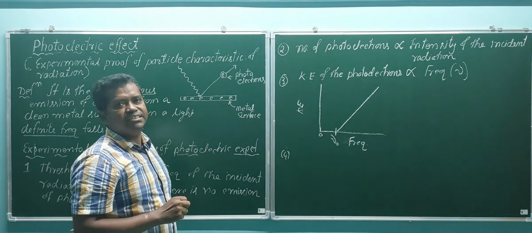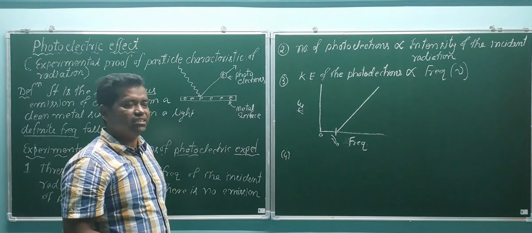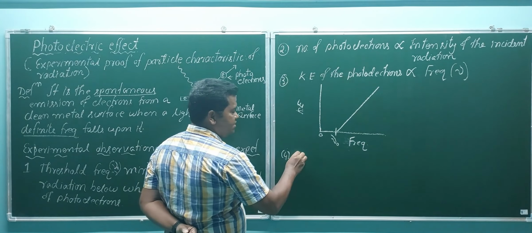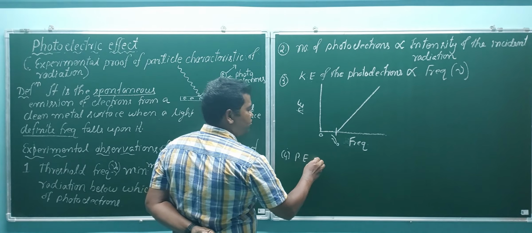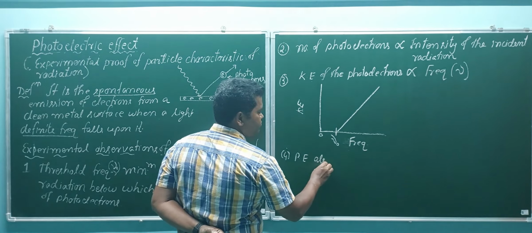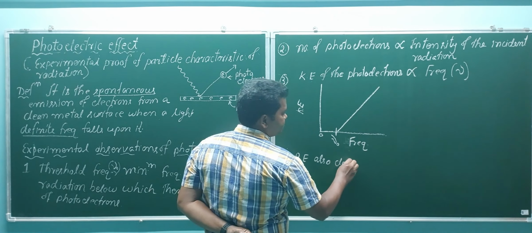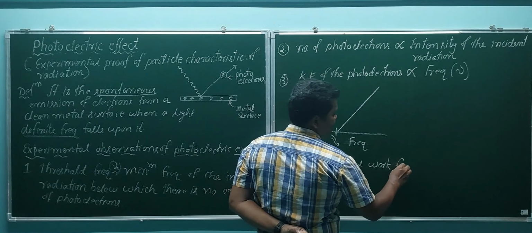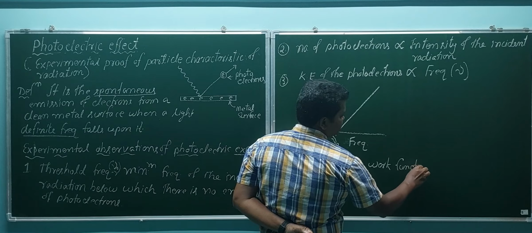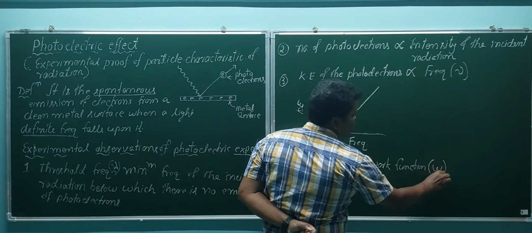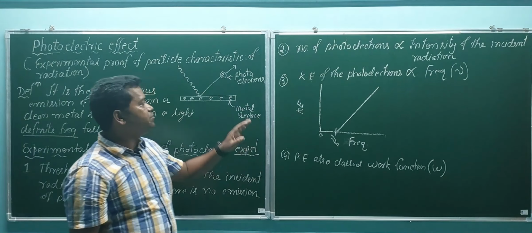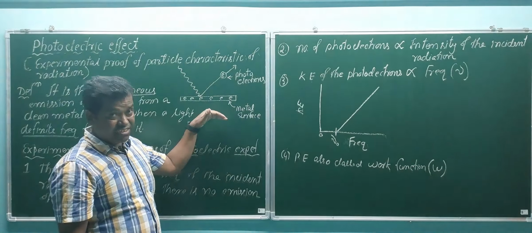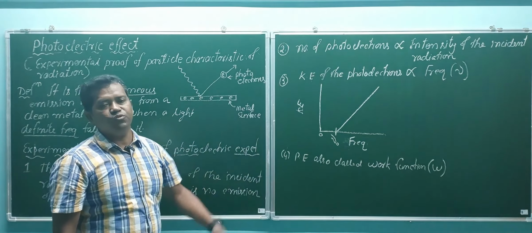This potential energy is also called the work function W. The force between the electron and the metal surface is called the work function.